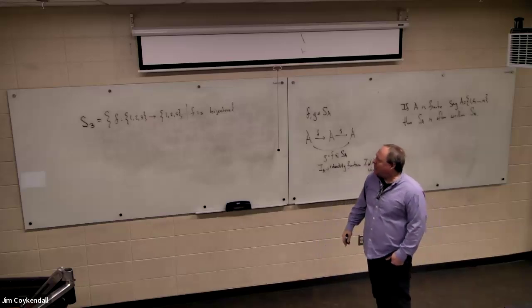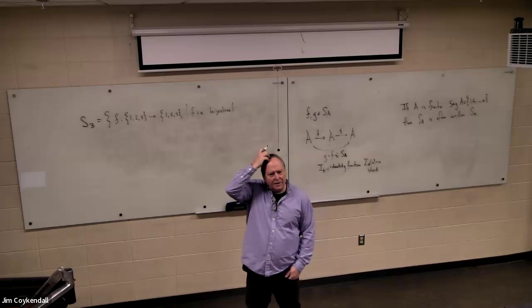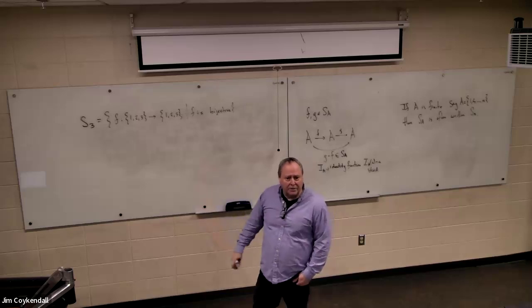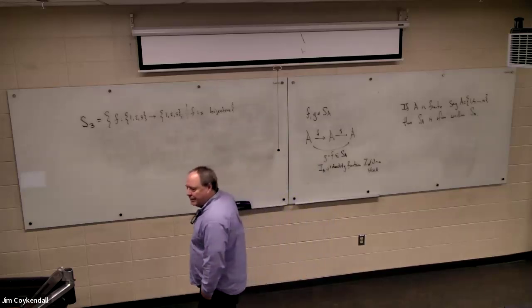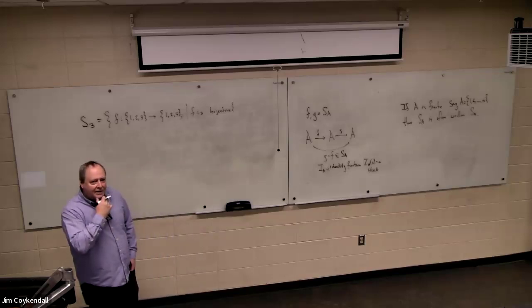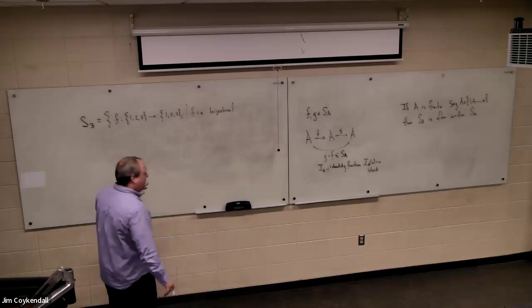By the way, how many elements are there in S_3? How many bijective functions are there from the set {1, 2, 3} to the set {1, 2, 3}? That's correct, right? Can you generalize that to S_n? There you go. It's got to be a factorial thing, right?